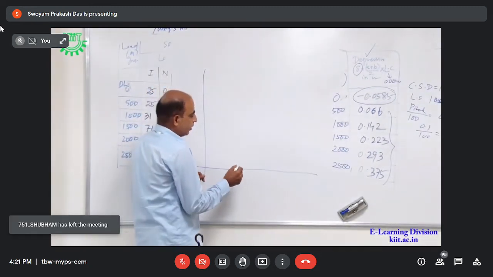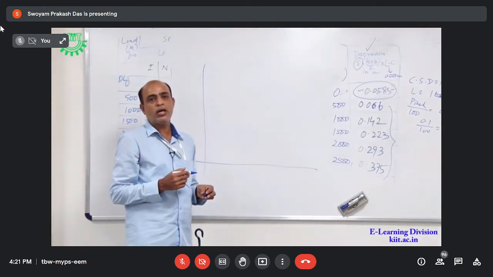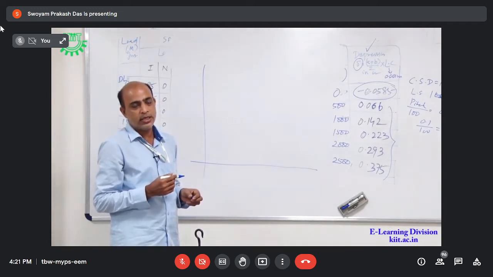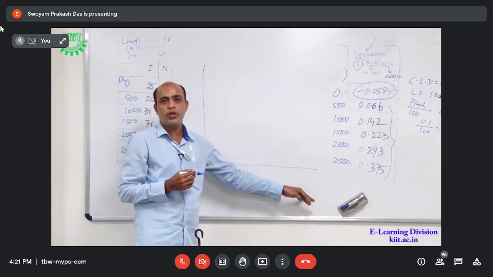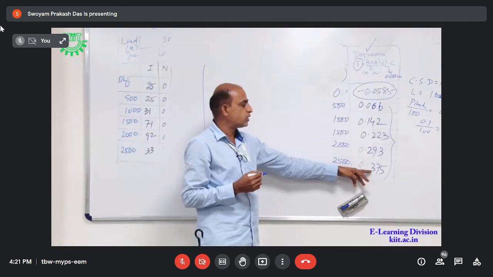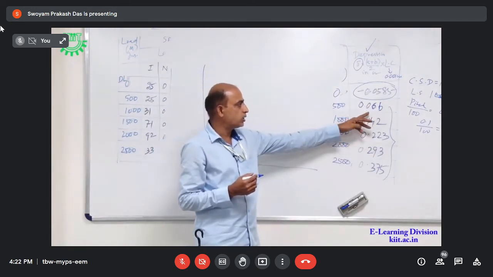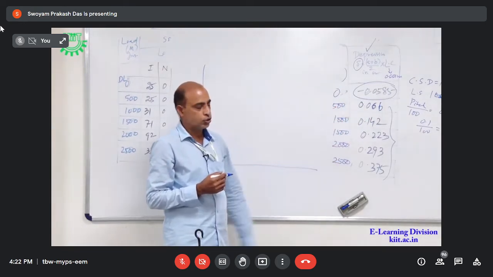Before we plot a graph, first of all, we will count the number of blocks available in both axes, x-axis and y-axis. According to the number of blocks, we will see the readings first: the maximum value and the minimum value for the depression, and similarly the minimum value and the maximum value for loads.